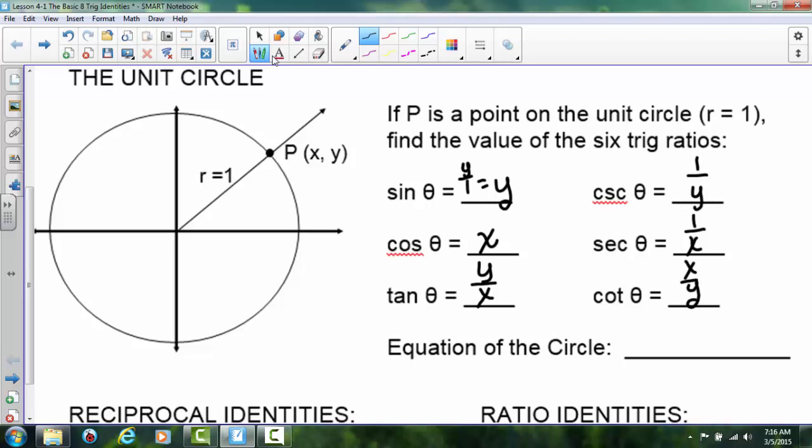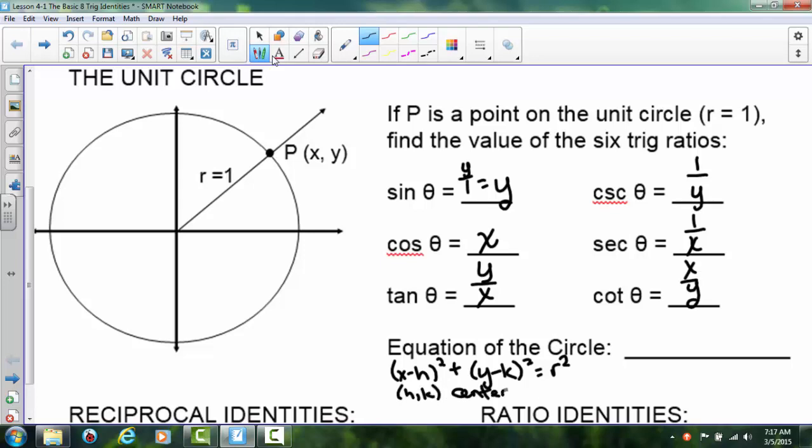All right. Also, we have the equation of the circle. Now, hopefully you remember from algebra 2 the equation of the circle, but if not, it was given as x minus h squared plus y minus k squared equals r squared. Okay, where h and k was the center of your circle.